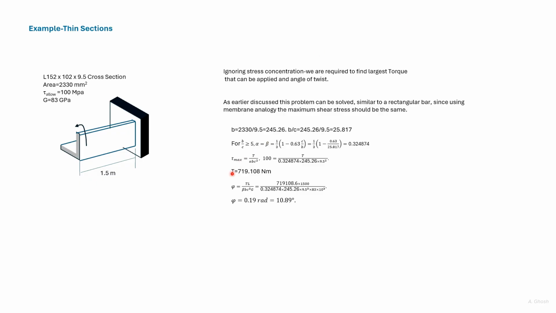We are given the maximum shear stress. So with alpha known and B and C known, we can find out the maximum torque that can be applied. Now with the maximum torque known and beta, B and C known, we can find out the angle of twist as shown.